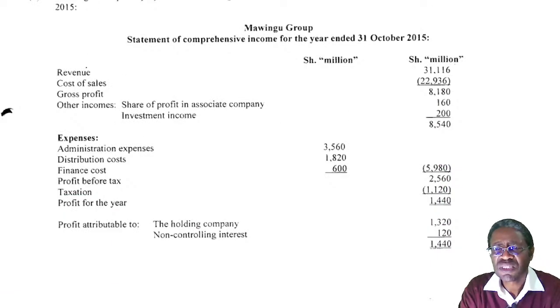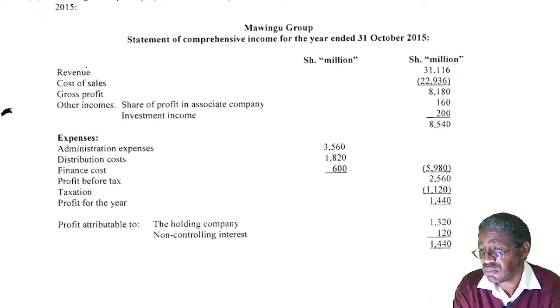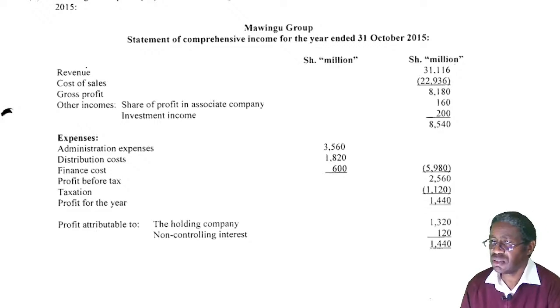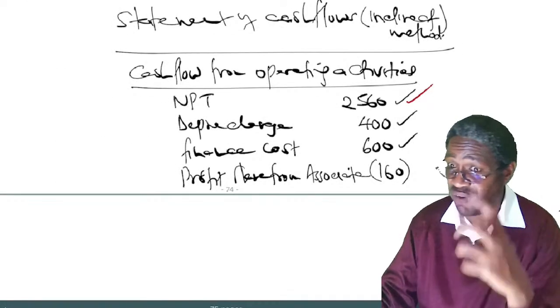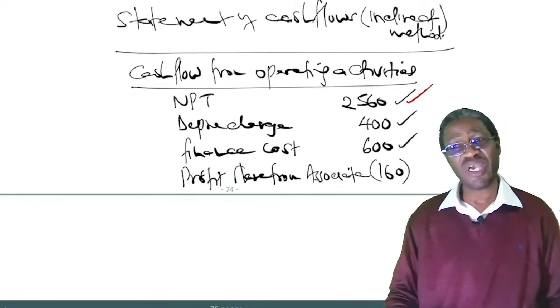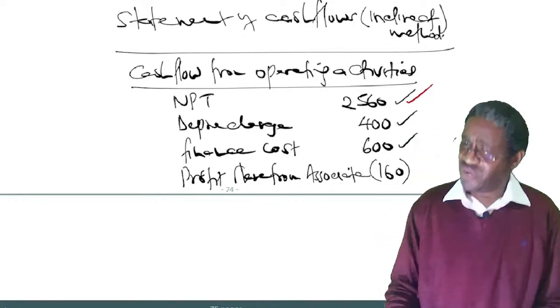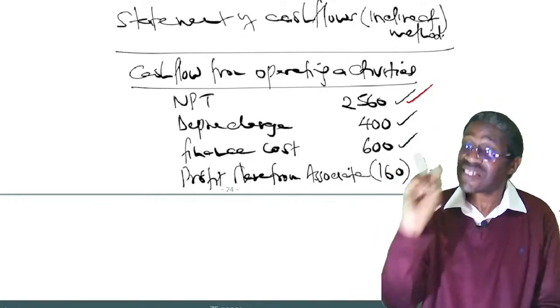So far, I have used that profit share from the associate, that 160. Now, if you look at that next item, which they are calling investment income, we received from our investment an amount of 200 million. I want you to listen carefully. Our investments were among the fixed assets in the balance sheet.